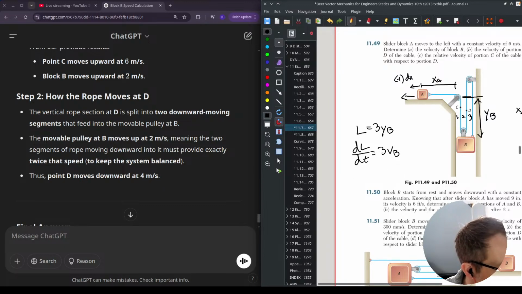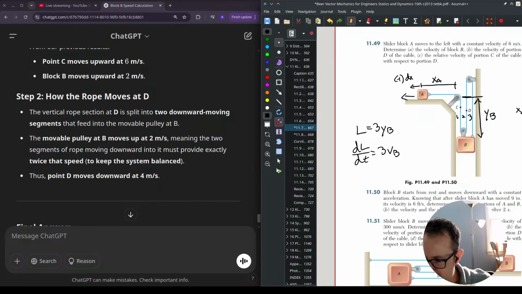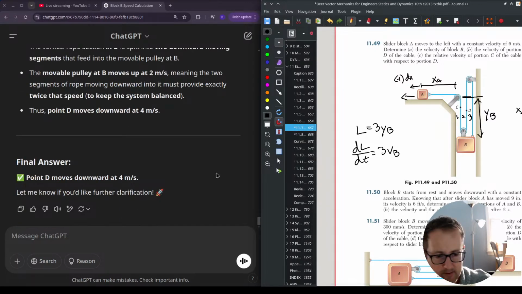Okay. But isn't the change in the chord dL/dt, right? Feel like I'm going crazy now, right?